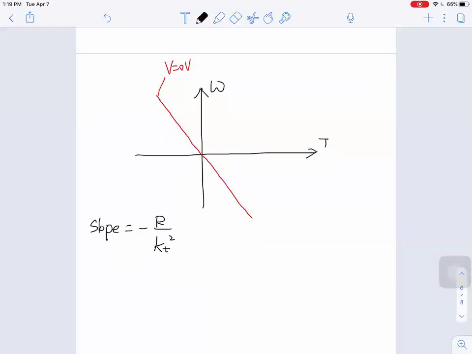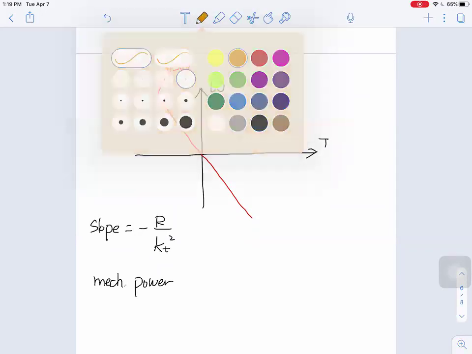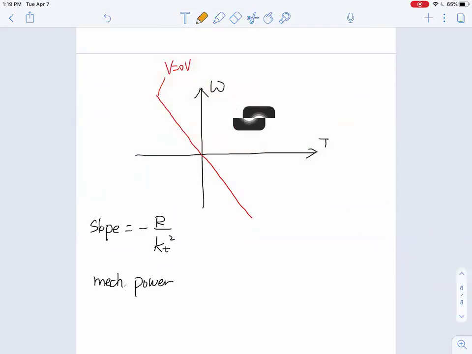Let's first look at the mechanical power in this plot. Since the omega and T axes will divide this region into 4 parts, each a quarter, let's label this 1, 2, 3, 4.